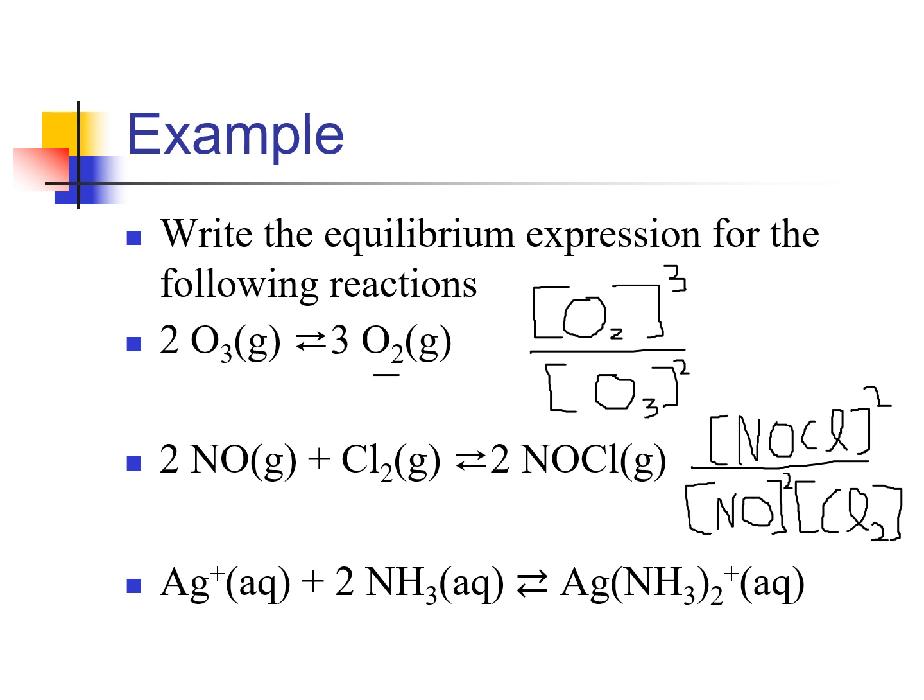And finally, that bottom one. I get Ag, NH3, 2, and then it has a coefficient of 1, so that's fine there.